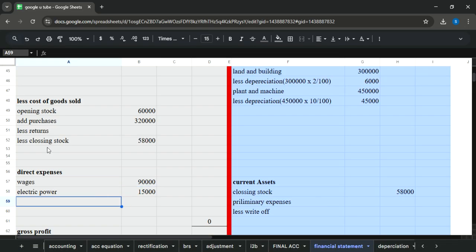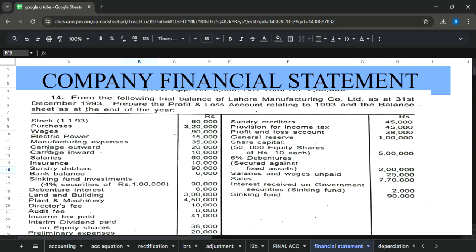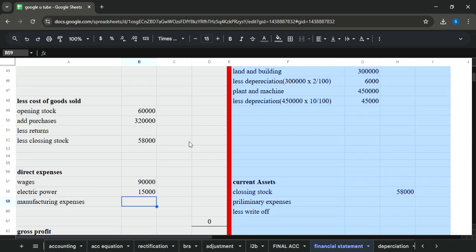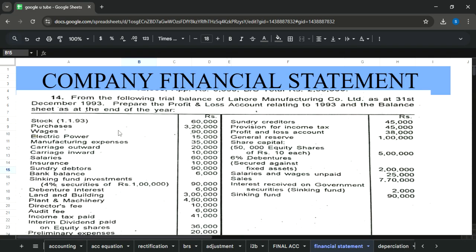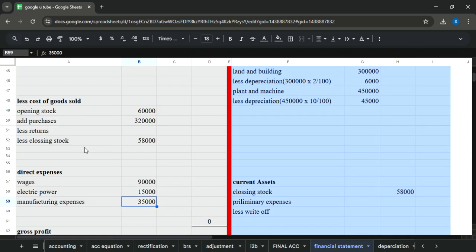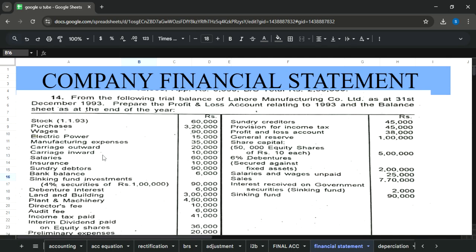Again, direct nature. Alright guys, so manufacturing expenses are 35,000 in the direct expense side. Then we have carriage inward. Again, direct. There are so many direct expenses in this question.